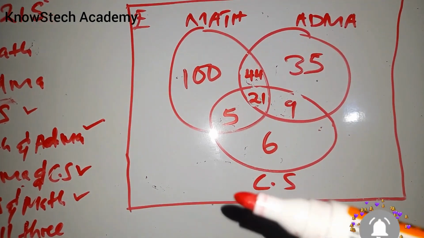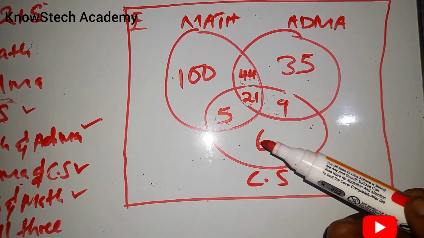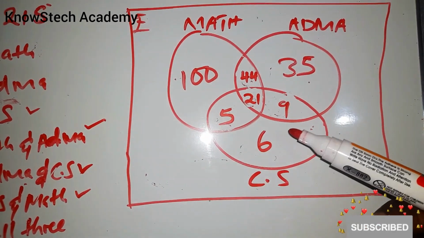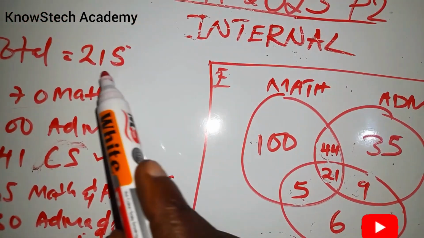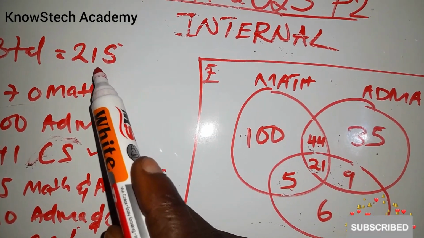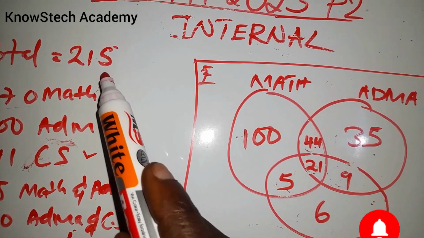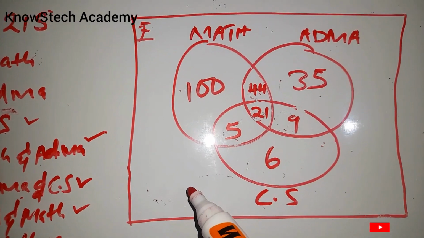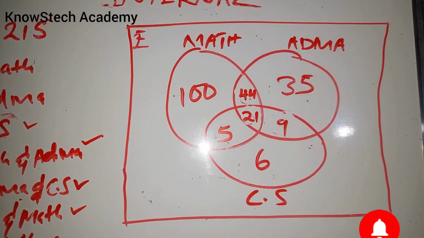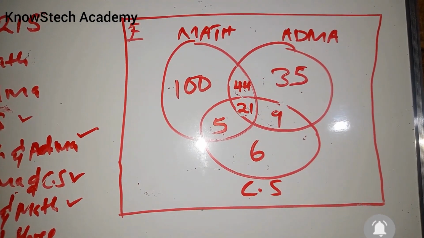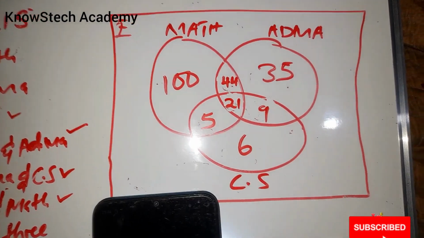So you make sure that you add all these numbers. If they're not equal to the total number, which is 215 here, the remaining number should be put in the outside universal set there. So let's add.